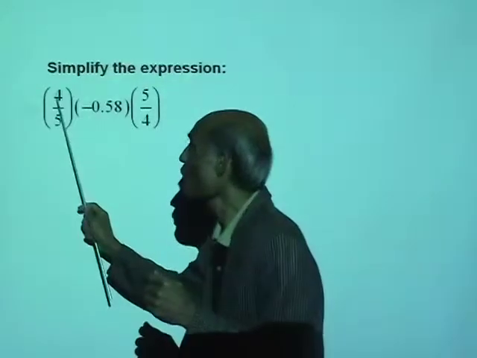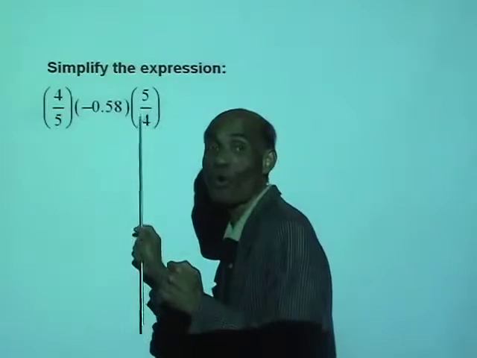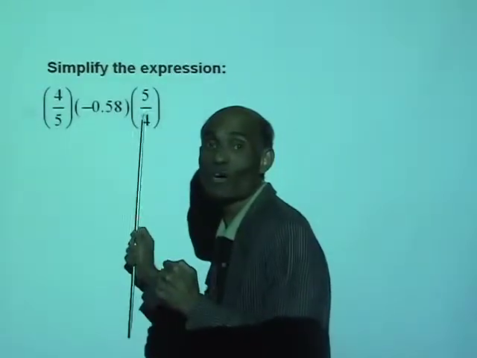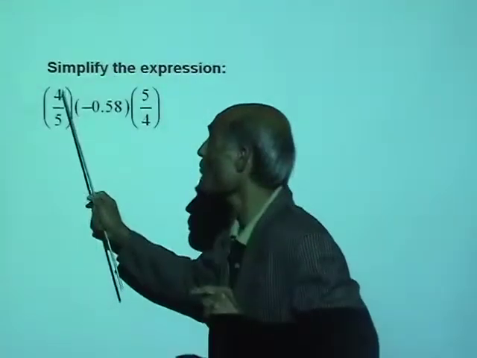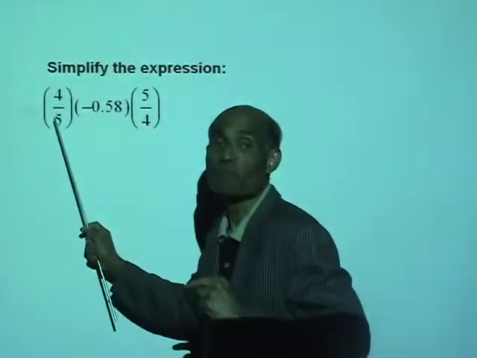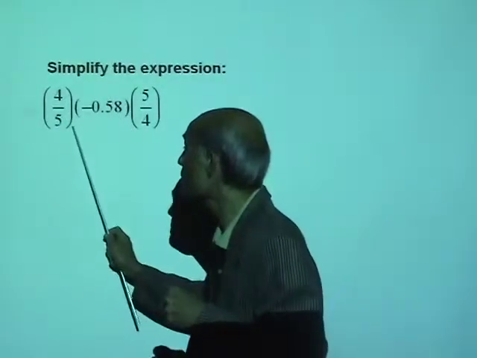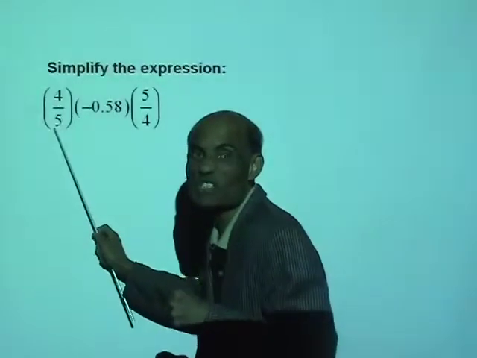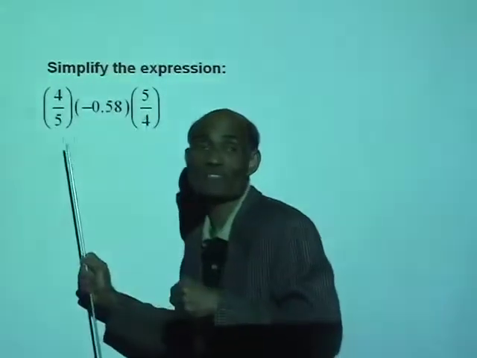Look at this, 4 over 5 and 5 over 4. 5 over 4 is the multiplicative inverse of 4 over 5. So, rather than multiplying these two numbers first, let's associate these two together, the first and the last.